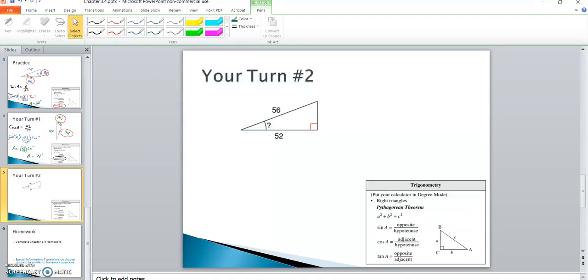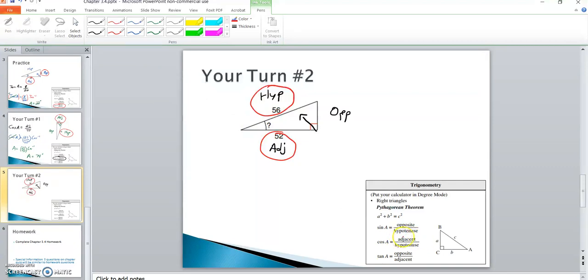Alright, so let's just try one more. I'll start by labeling the triangle, and then by circling the sides with numbers. Then I'm going to look for which fraction I have.